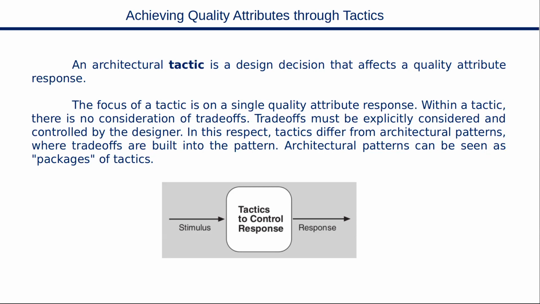Some of them are more important, you already highlighted. And for each of them, there are different tactics that you can apply. You have to know these tactics. You have to understand these tactics as design decisions, and understand in which case this kind of decision will be correct. And they should be applied to achieve the expected quality attributes.